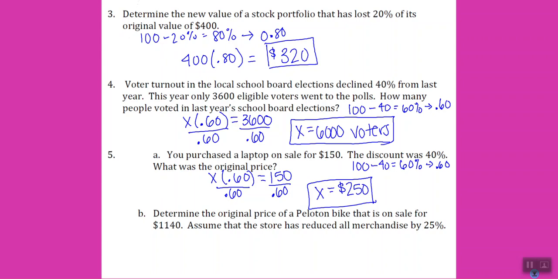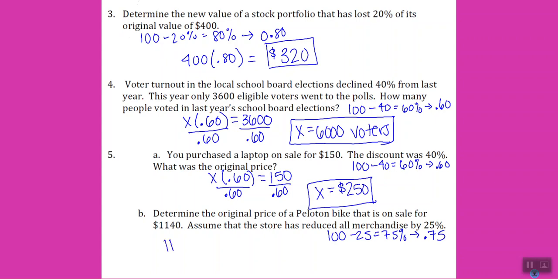Determine the original price of a Peloton bike that is on sale for $1,140. Assume the store has reduced all merchandise by 25%. So 100 minus 25 leaves us with 75%, which would be a decay factor of 0.75.